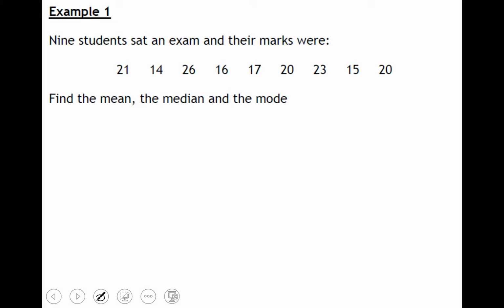In this example, 9 students sat an exam and their marks were 21, 14, 26, 16, 17, 20, 23, 15 and 20. Now to find the mean, we need to add them up and divide by how many there are.